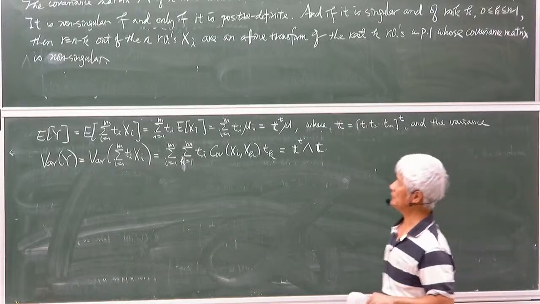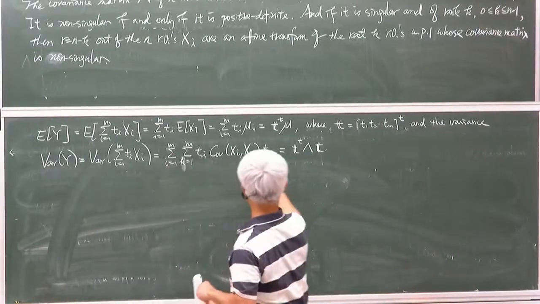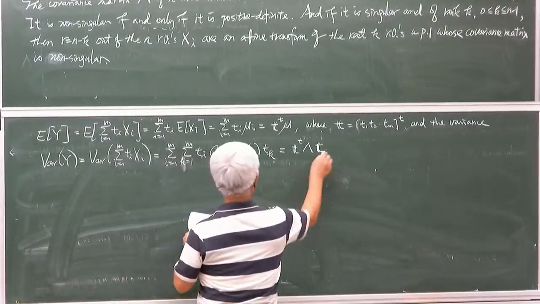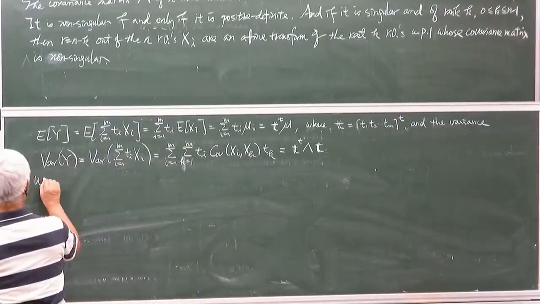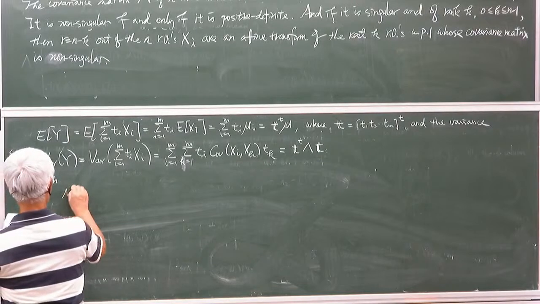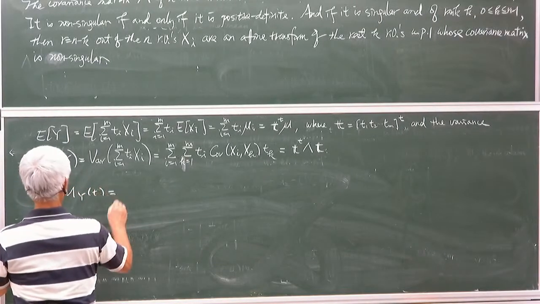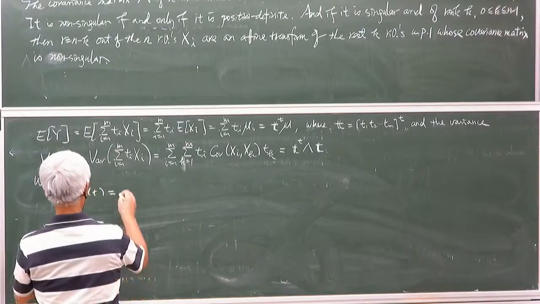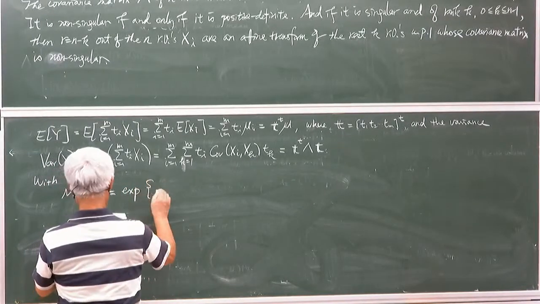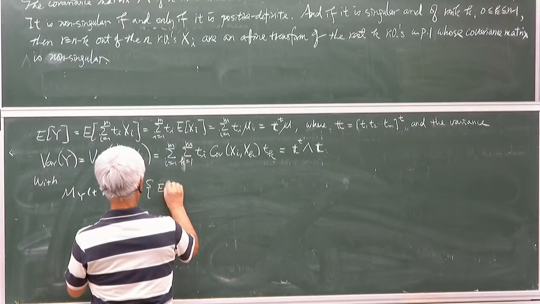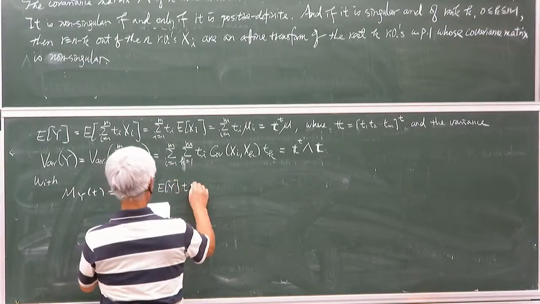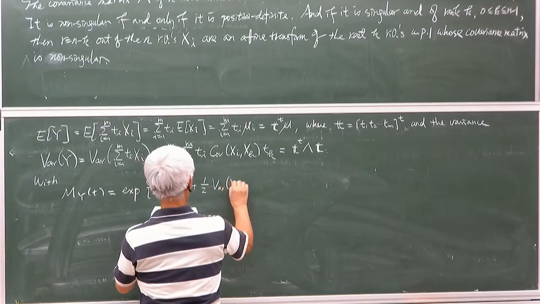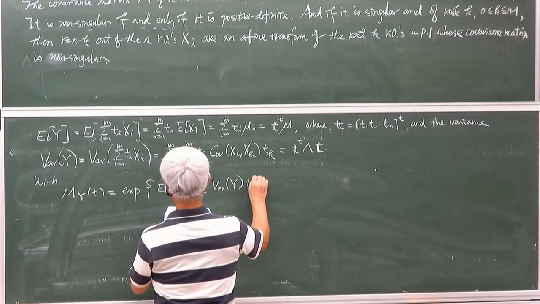So the variance of Y is this quadratic form here. Now we know the moment generating function of a normal random variable: it's just the mean of Y times t plus 1/2 of the variance of Y times t squared.